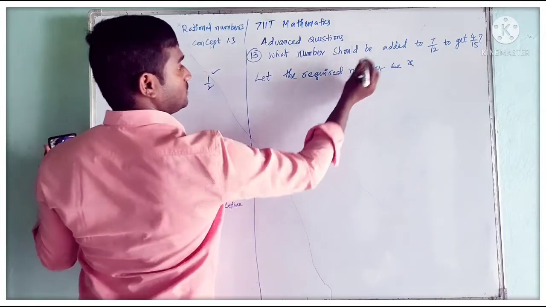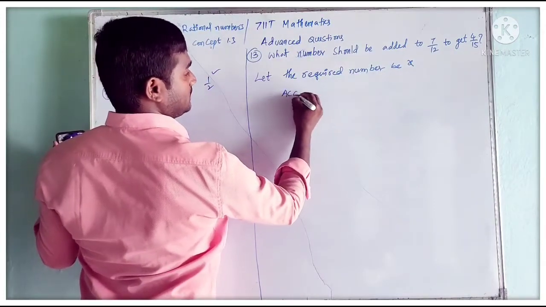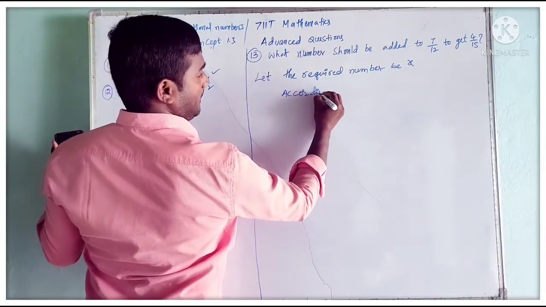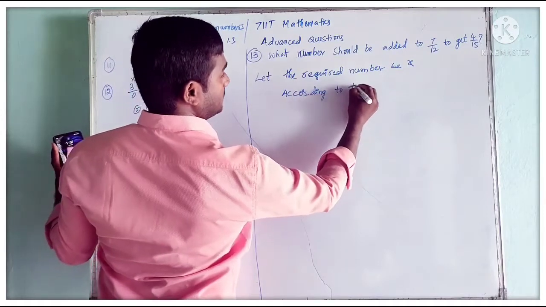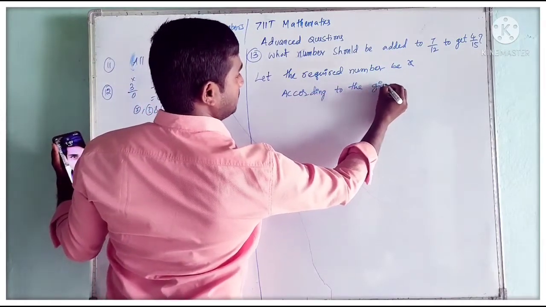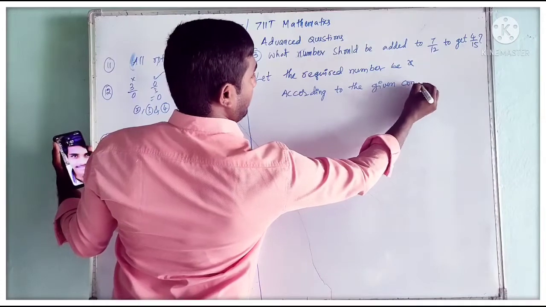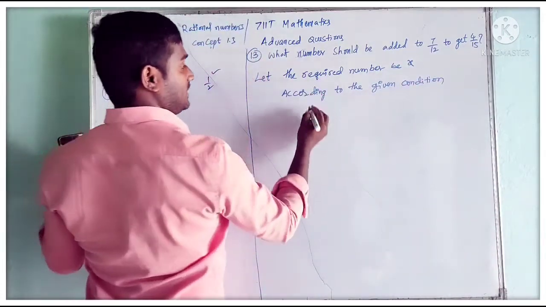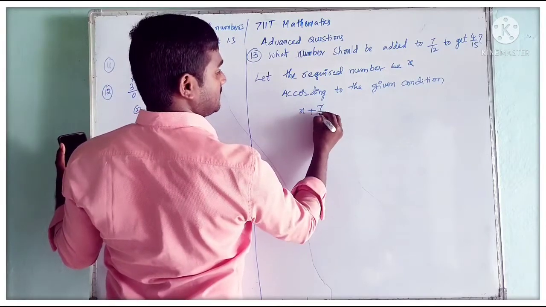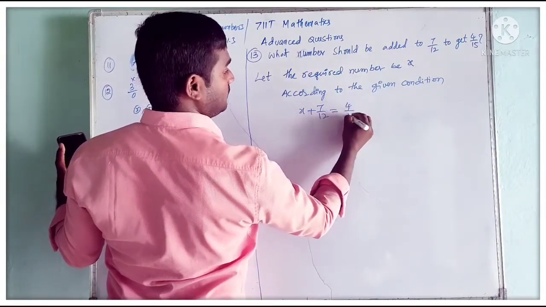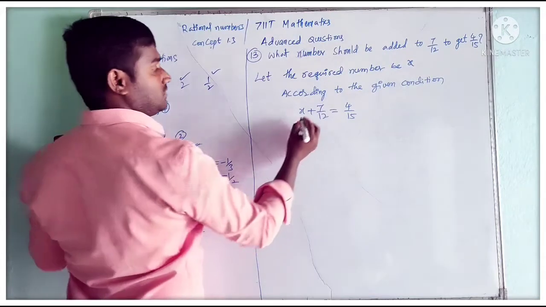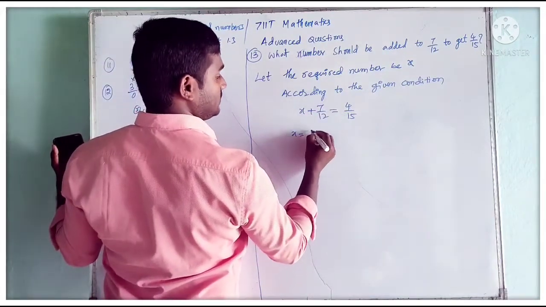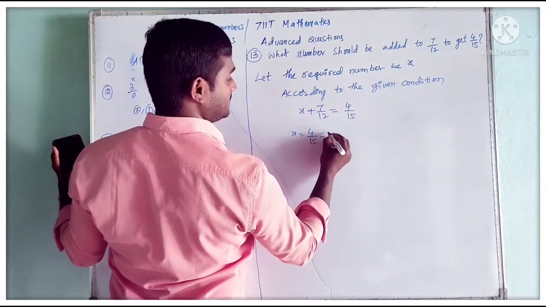According to the given condition, we need to write x plus 7 by 12 equal to 4 by 15. Transposing 7 by 12 to the right side, we get 4 by 15 minus 7 by 12.